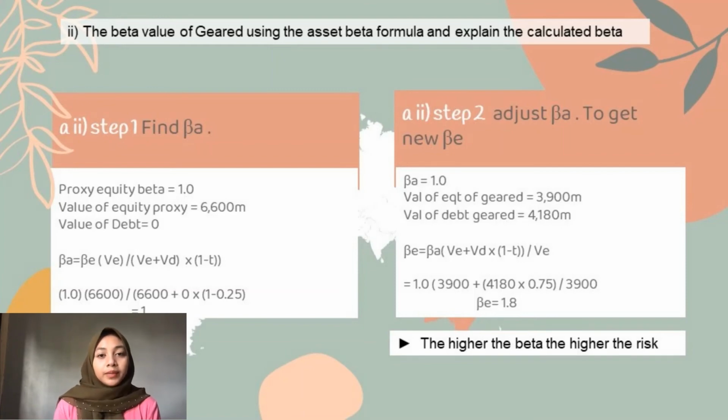Therefore, to find the beta equity, we will use the formula: beta equity equals BA times value of equity plus value of debt times 1 minus T, over value of equity. By using the formula, we will have the beta equity at 1.8. Therefore, the higher the beta, the higher the risk.